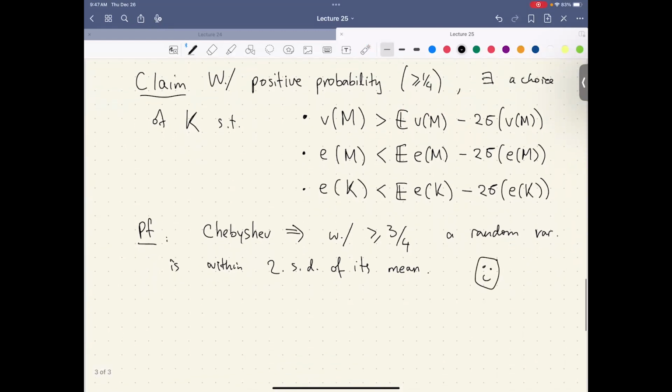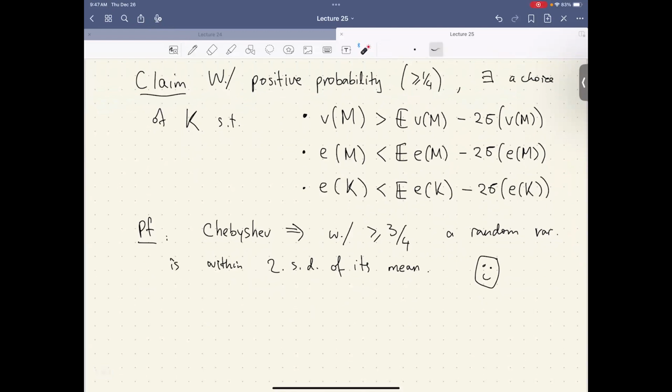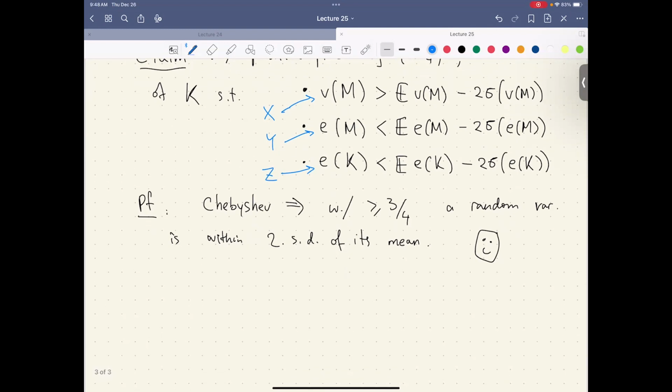Okay, so that means we just need to calculate the expectation and the variance for each one of these 3 random variables. So let's give names. Let's call this random variable X, the number of vertices in M. Random variable Y, the number of edges in M. And let's call this random variable Z, the number of edges in K. All right, let's do some calculation.